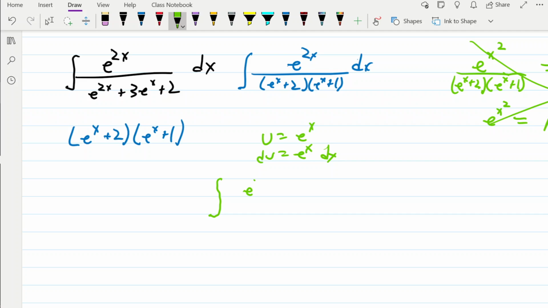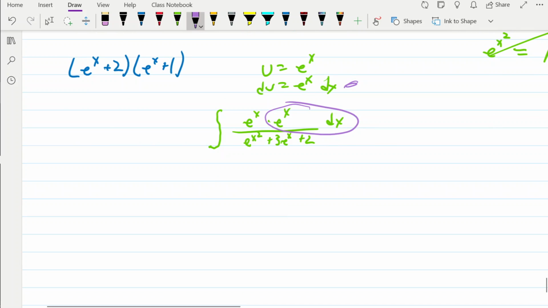So on top, we're going to get e to the x times e to the x over e to the x squared plus 3e to the x plus 2 dx. So we're going to set these two equal to this, and everything else will be in terms of u.